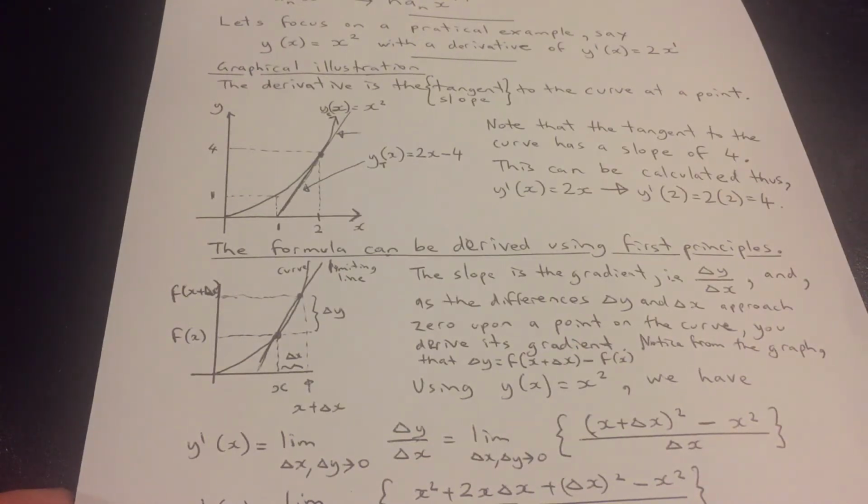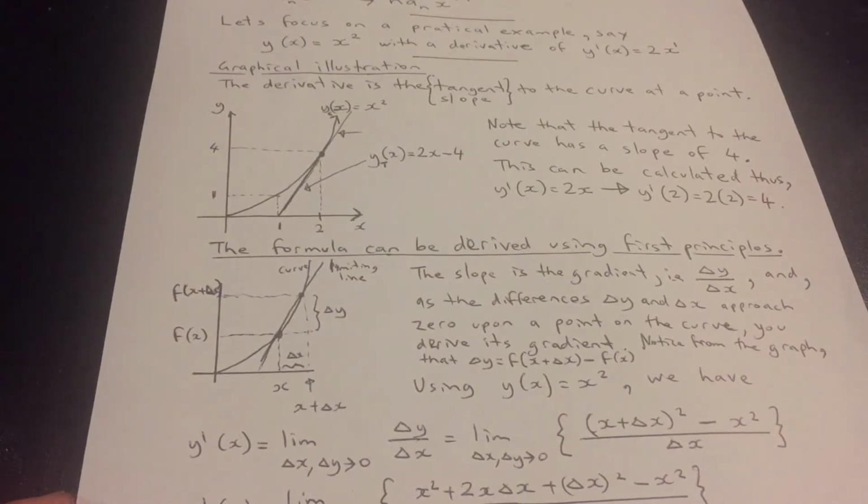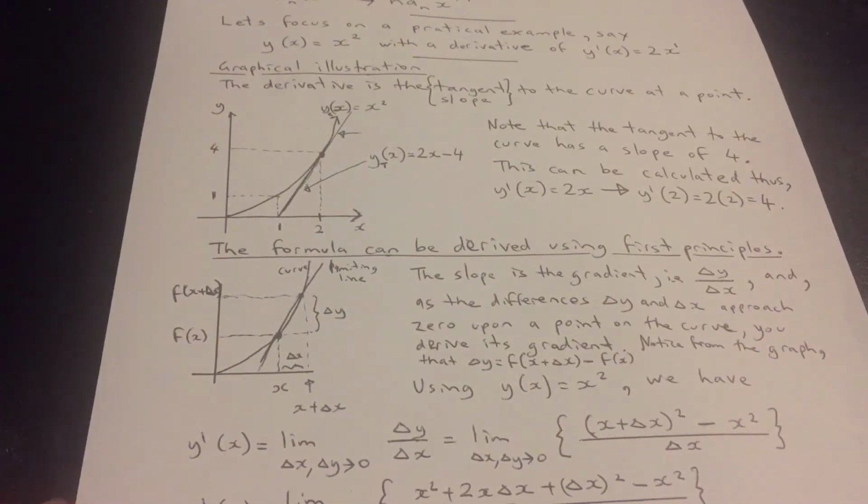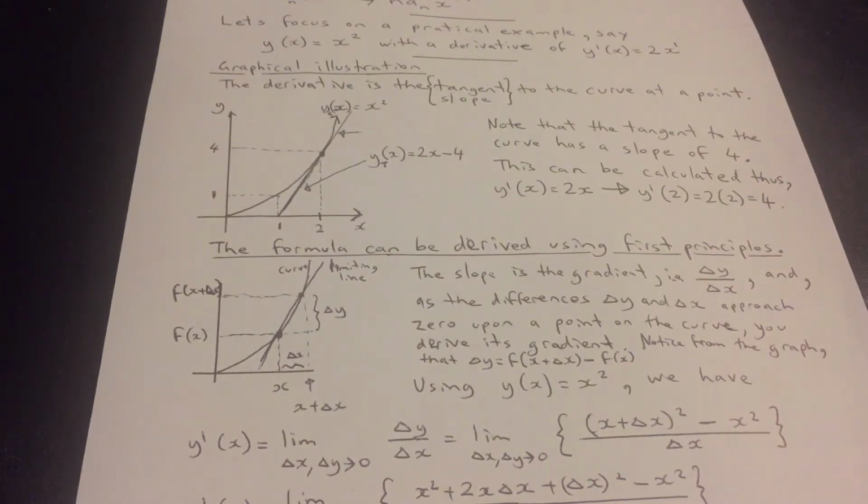Paradoxically, that'll be 0 over 0, and that can be taken up in another lesson. Anyway, that equals the limit as delta x and delta y approach 0 of x plus delta x all squared, which was our y point, or in other words f of x plus delta x, minus x squared, which is our f of x. And this is all over the difference in x, which is delta x.